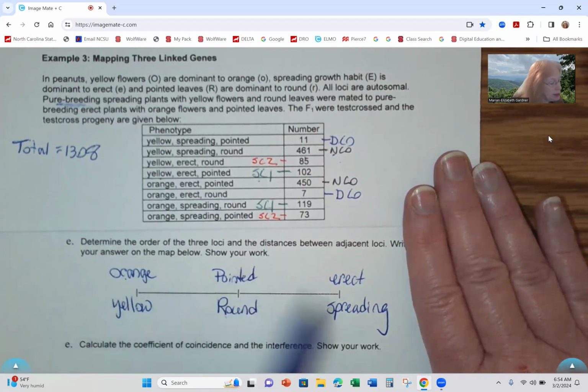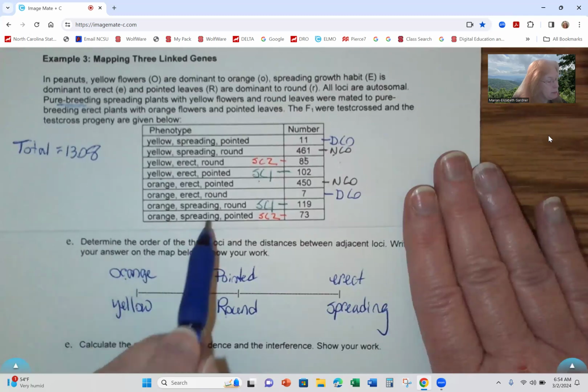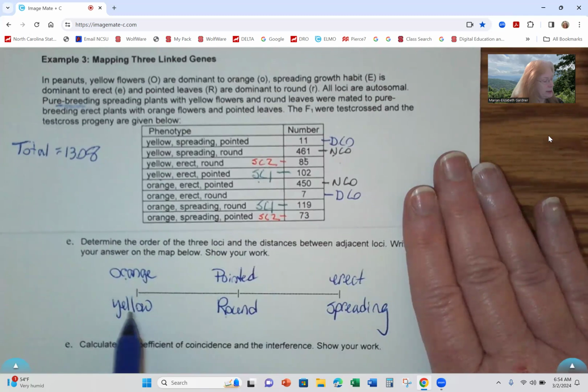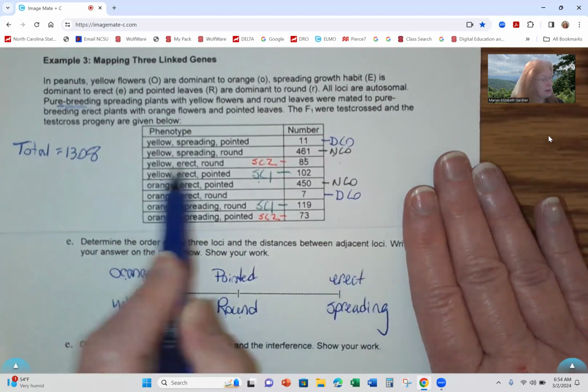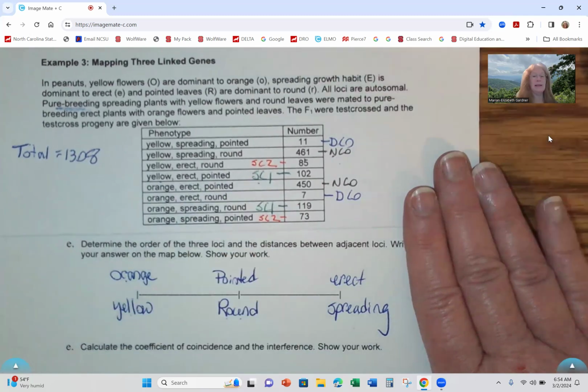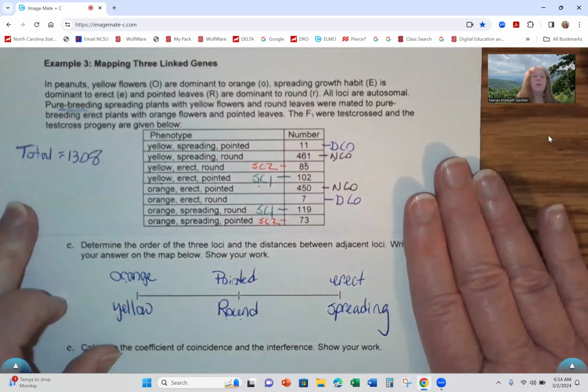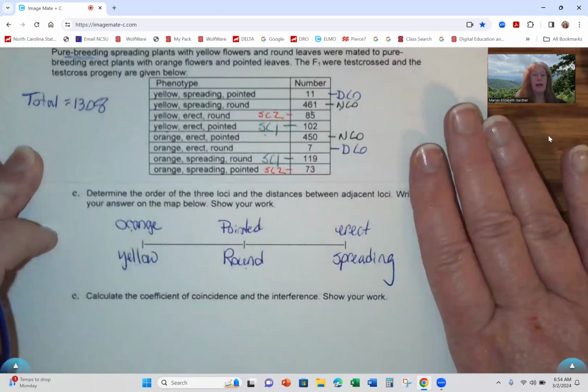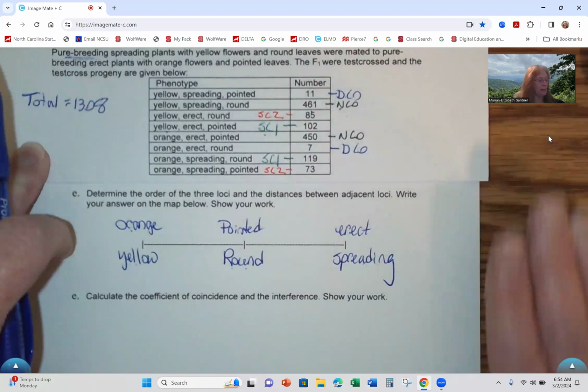So orange pointed spreading, orange pointed spreading, that's an SC2. And yellow, stay down, round, cross up, erect, yellow, round, erect. That's an SC2.